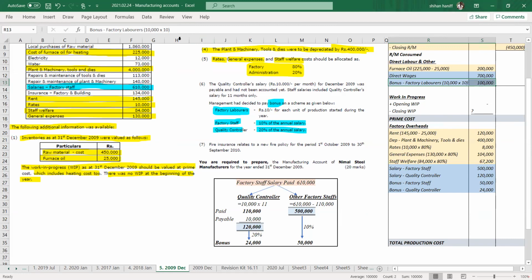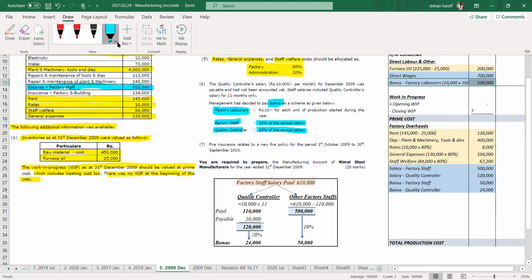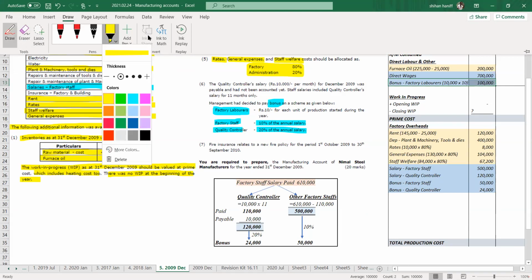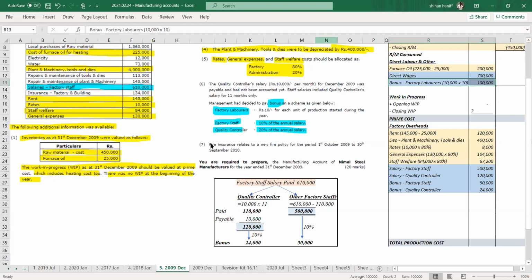Then the last adjustment. It says fire insurance relates to a new fire policy for the period 1st October 2009 to 30th September 2010. We are preparing accounts for 2009. That means there is a prepayment.